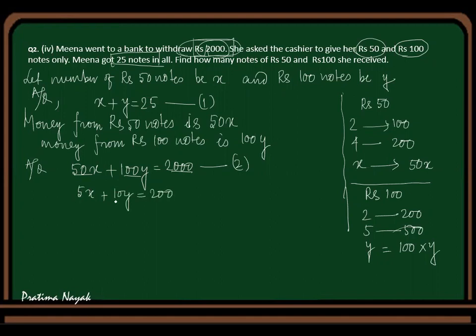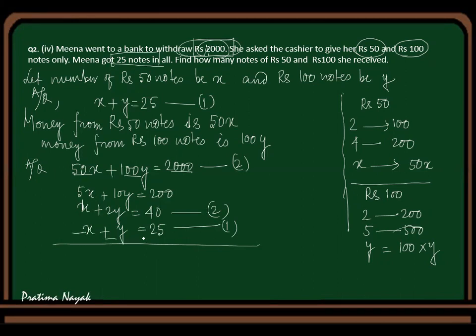Then divide by 5. You will get x plus 2y is equal to 40. I can write this as the final equation 2. Now I'll eliminate using x plus y is equal to 25, which is equation 1. Subtract, x will be cancelled, eliminated. So y is equal to 15.